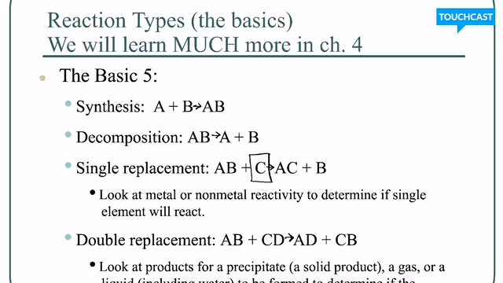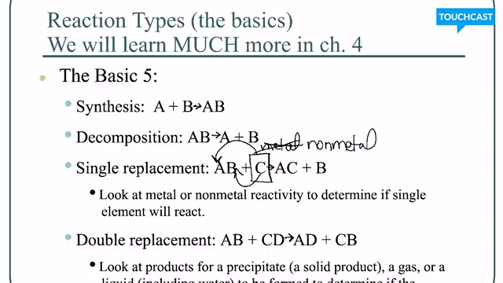And basically, if this guy is a metal, he's going to cut in onto the metal in the other compound. But if he is a nonmetal, he is going to cut in and try to replace the other nonmetal in that compound. So depending on whether this lone guy is a metal or a nonmetal, he's the one that's going to be pushing out the other metal or the other nonmetal.